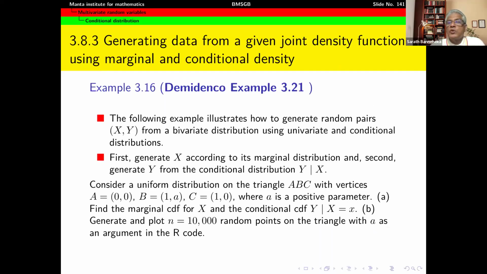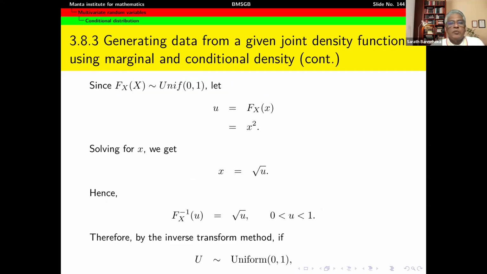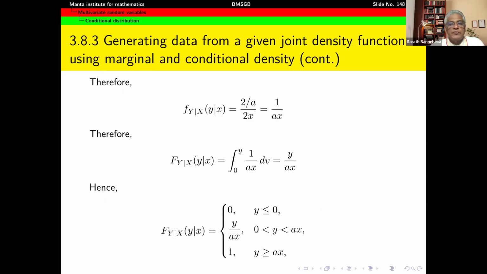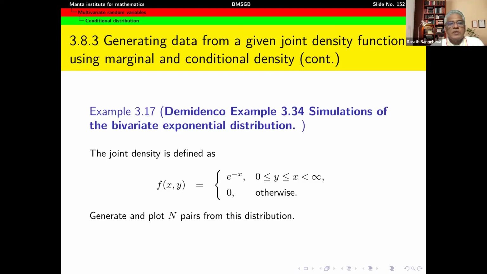So I will now move on to the new example on how to generate data from a bivariate distribution. This example comes again from Demidenko's book. This is example 3.34 in the book. What we are planning here is to generate data from this particular joint density function.